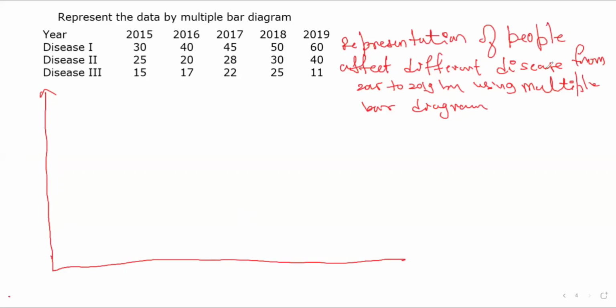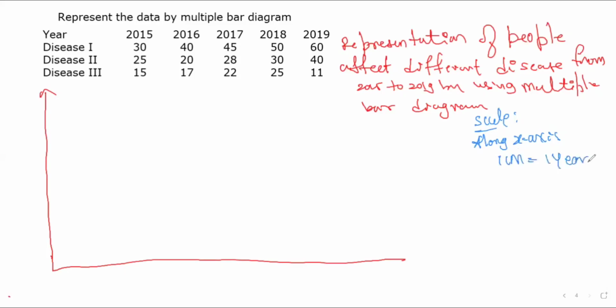I will write the scale here. Along the x-axis, I will consider 1 centimeter equal to 1 year.